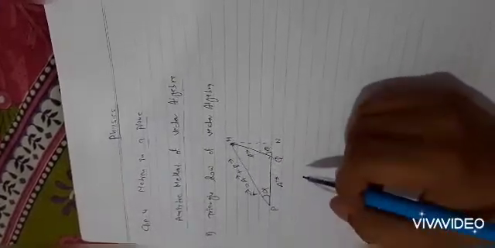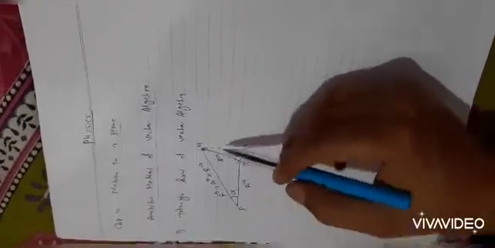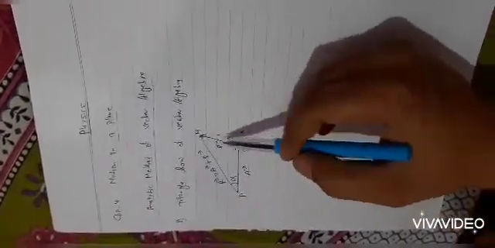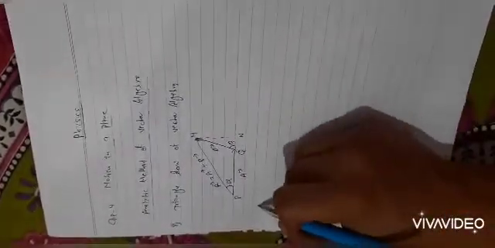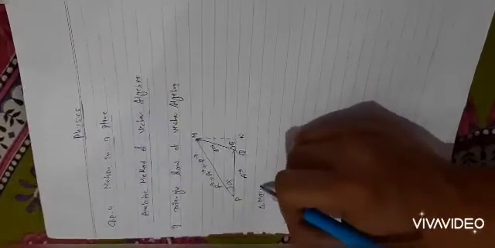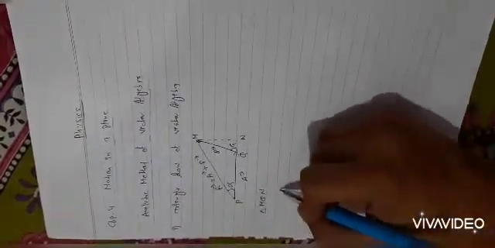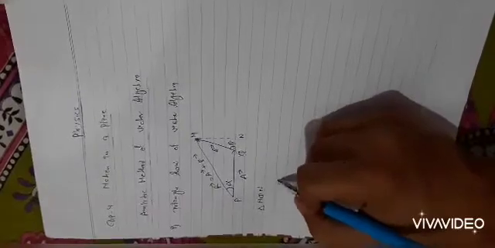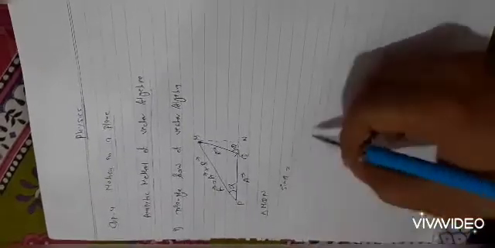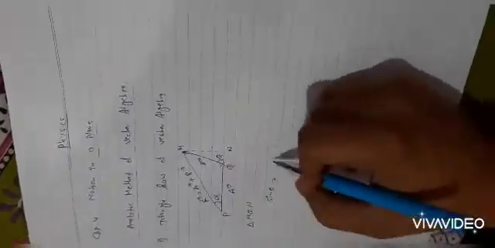Are you clear with the diagram? Now we are taking the small triangle first, that is MQN. In triangle MQN, what is sin theta? Perpendicular by hypotenuse.